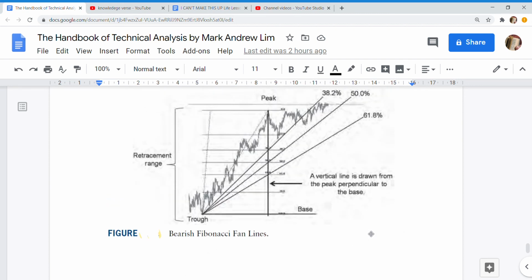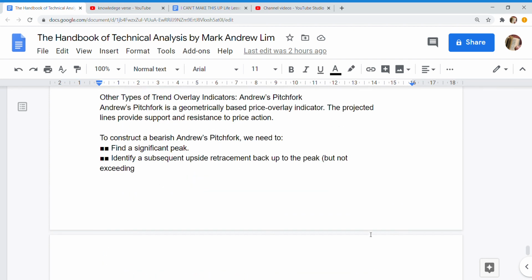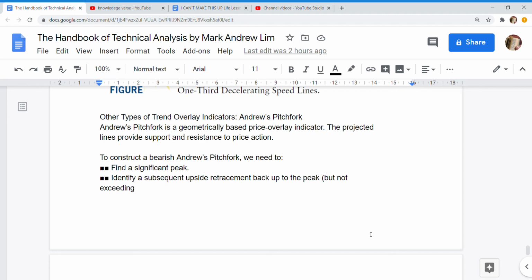Andrews Pitchfork. Andrews Pitchfork is a geometrically based price overlay indicator.